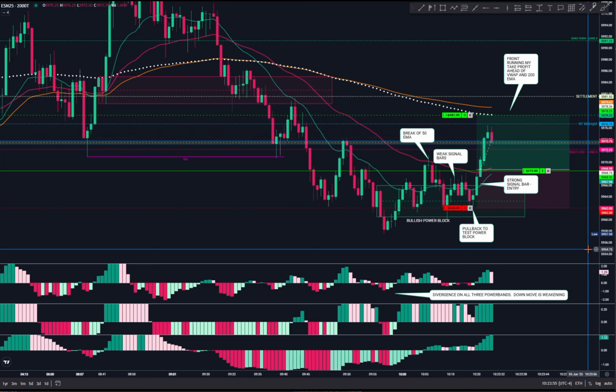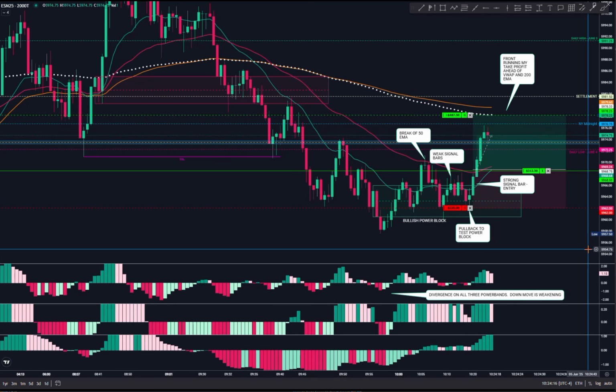Here we are. We're pulling back to retest the top of the new day opening gap. I like that reaction there. So this is real time.